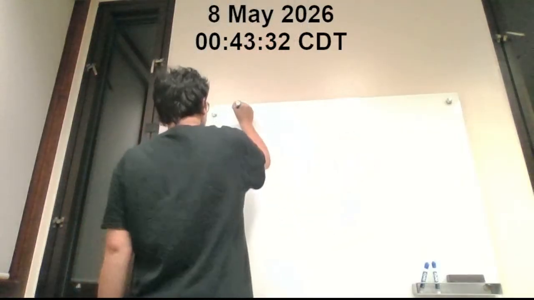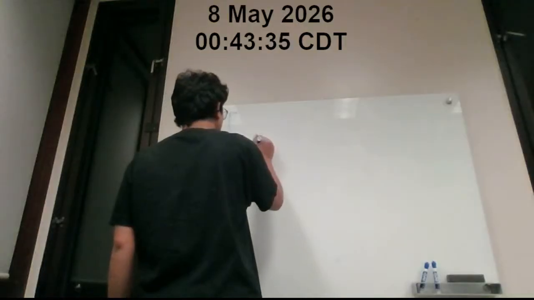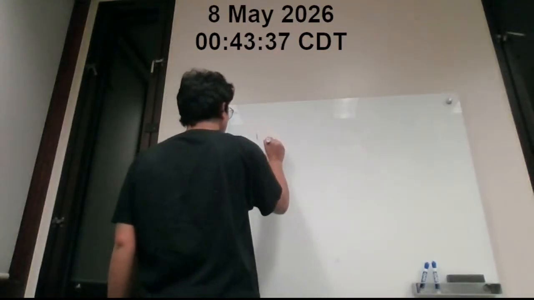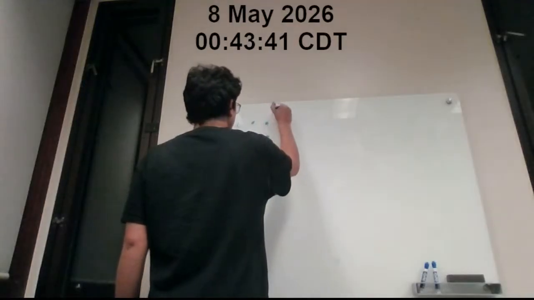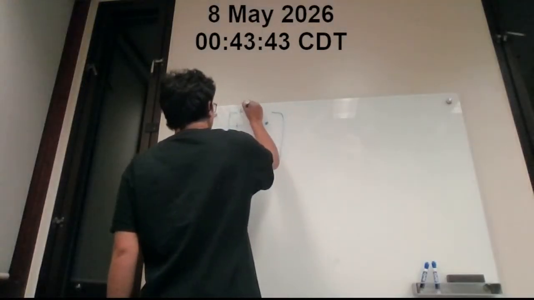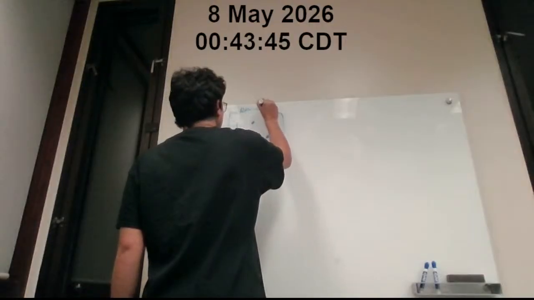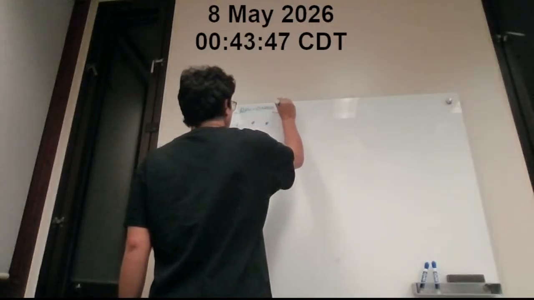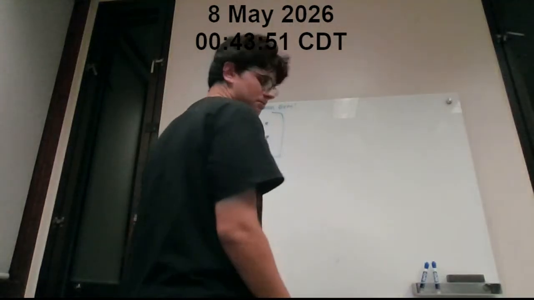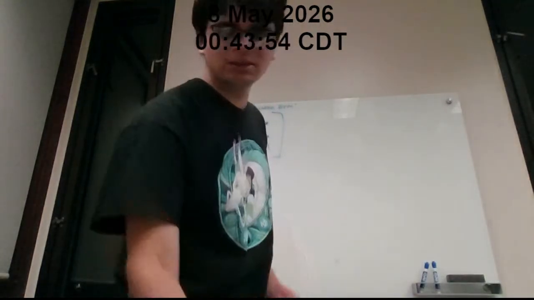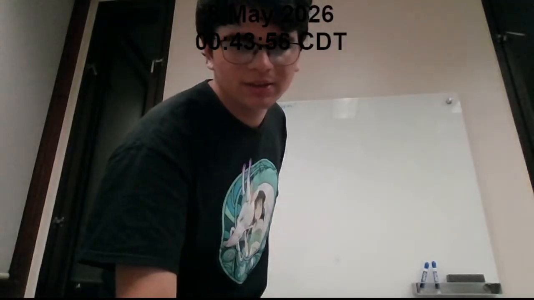So this matrix is in row echelon form, right? But we can simplify that even further. So let me look at an example.